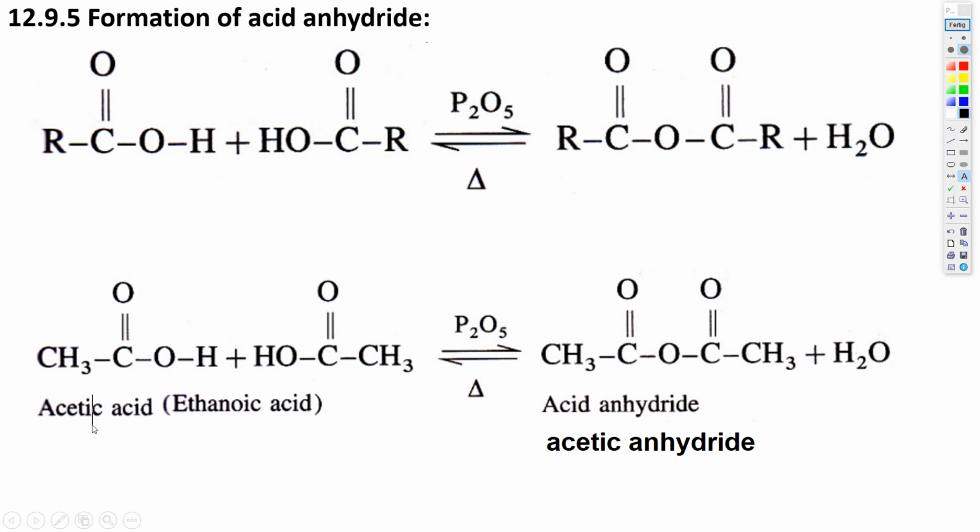Or what happens when acetic acid is heated with P2O5 or phosphorus pentoxide? So this type of question will be asked in the board exam. Now the explanation of this reaction is: when two molecules of acetic acid are heated with phosphorus pentoxide, that is P2O5, it will form acetic anhydride and H2O, that is water.